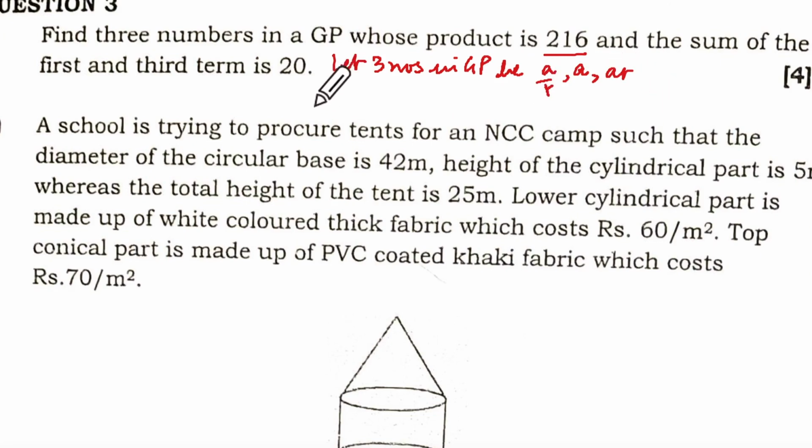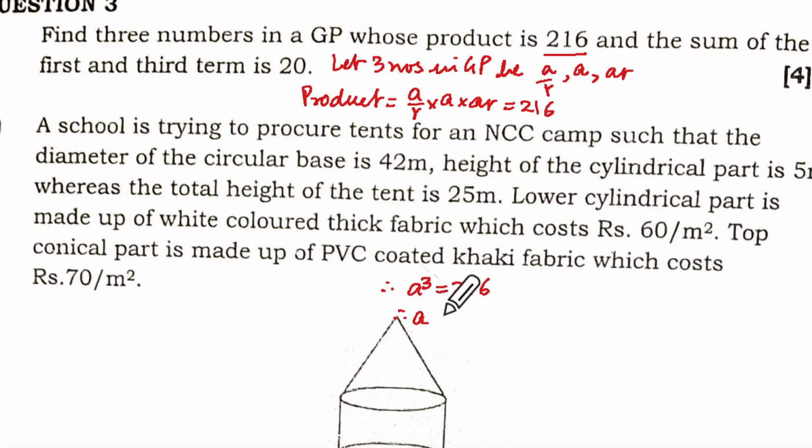Correct? Then you will say the product. The product is equal to A upon R into A into AR is equal to 216. Correct? Therefore, A cube will be equal to 216. Therefore, A is equal to 6. Cube root of 216. Yes, sir.